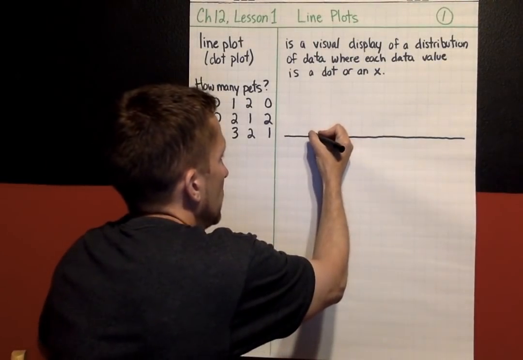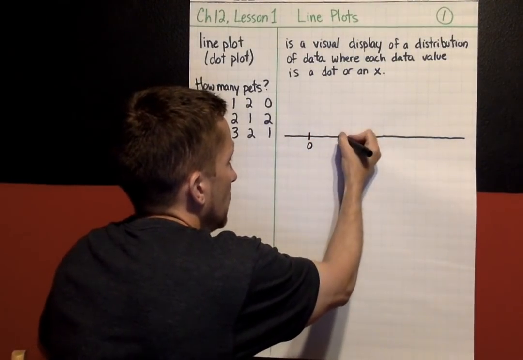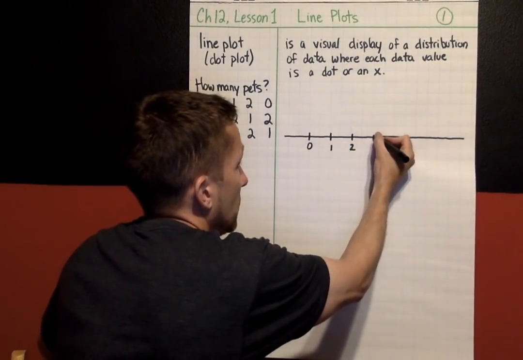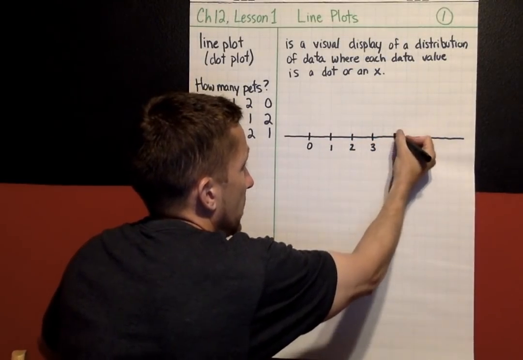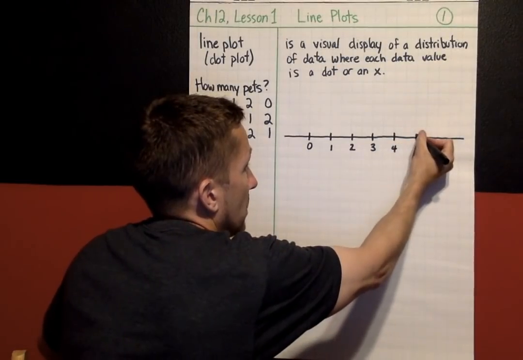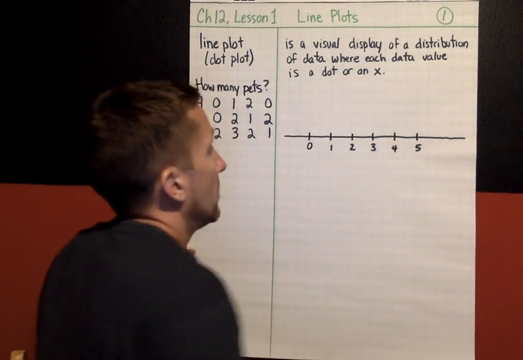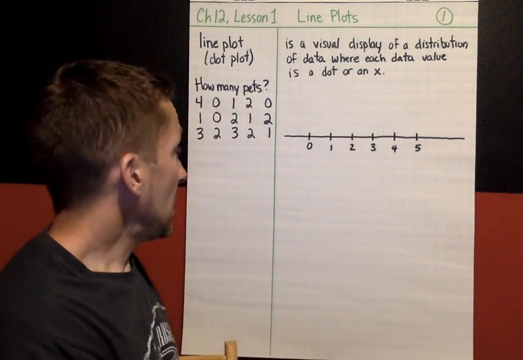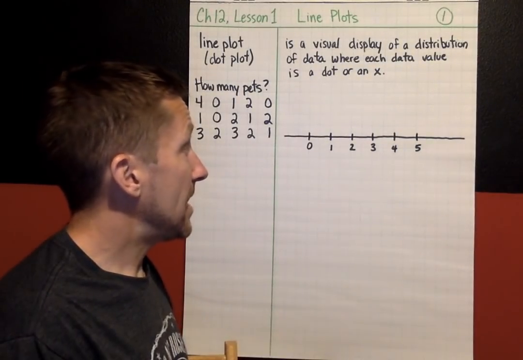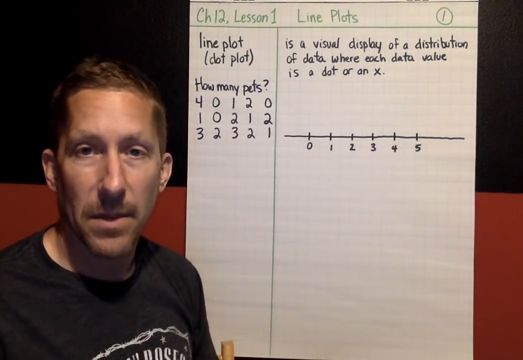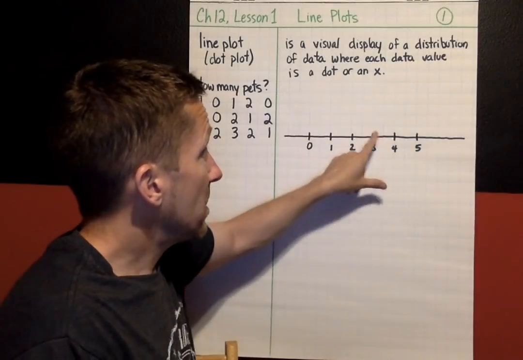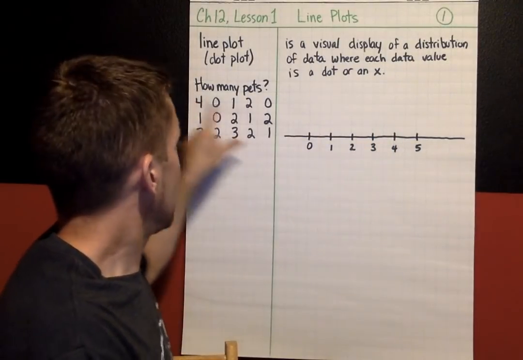So I'm going to label 0, 1, 2, 3, 4. So here's my line. Now what I do to create a line plot is go through the data and record that value with either an X or a dot.